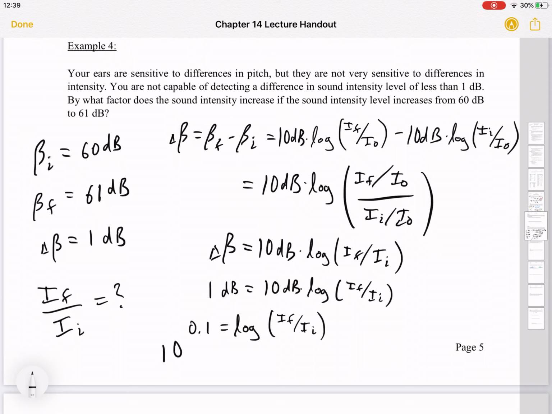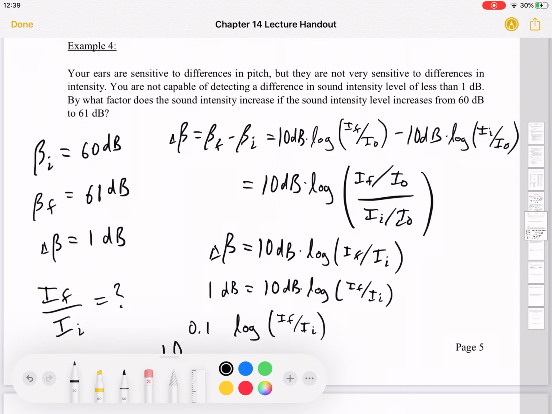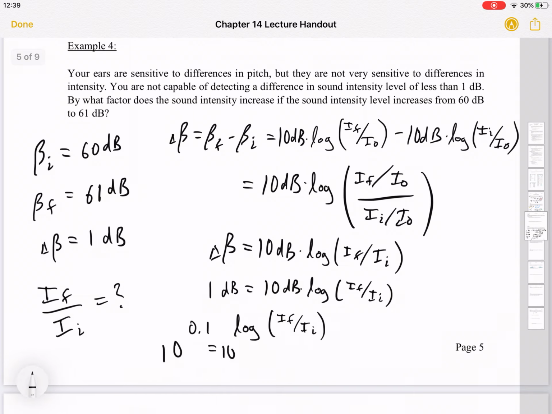If I do 10 raised to this, that'll equal 10 raised to this. And 10 raised to the log of this is just the argument. That's like the most awkward thing about logarithms. So if that didn't make any sense, don't worry too much about it, because the equation that does that, I'm giving it to you in the equation sheet.